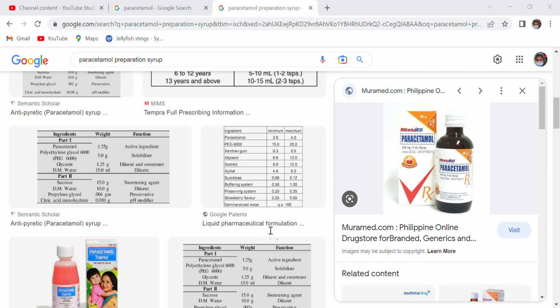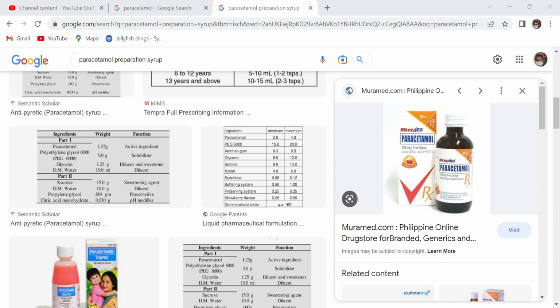So 13 milligram per kilogram times your son or daughter's weight, which is 15 kilograms, is equivalent to, so we will calculate that one. You get a calculator to calculate 15 times 13.